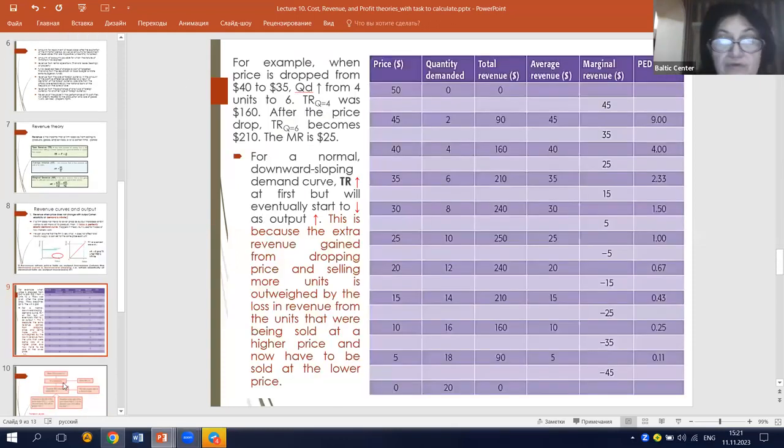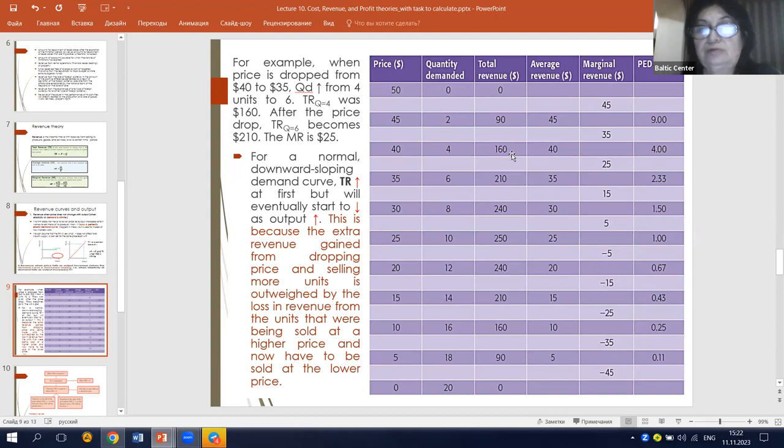Okay? So I gave you also here some example. So for example, yeah, when the price dropped from 40 to 35, yeah, you see here 40, yeah, to 35, yeah. The quantity rises from 4 to 6, yeah, and the total revenue, yes, for quantity demanded 4 was $160 there.